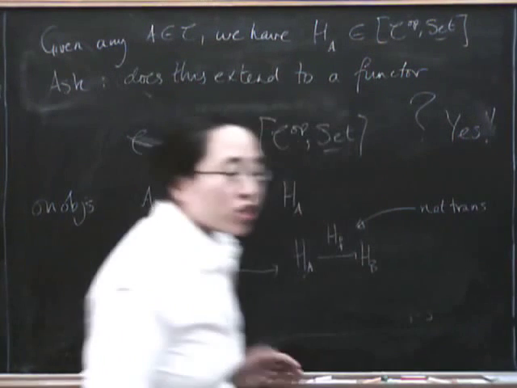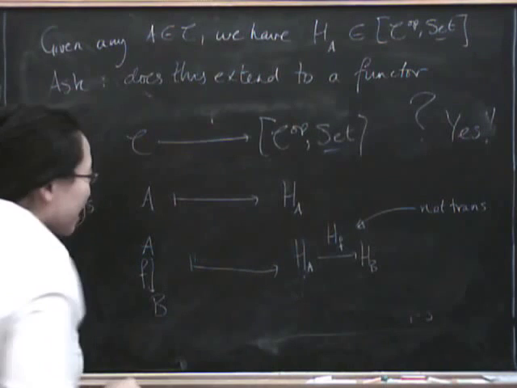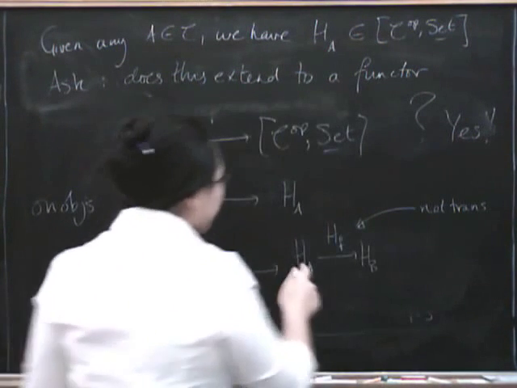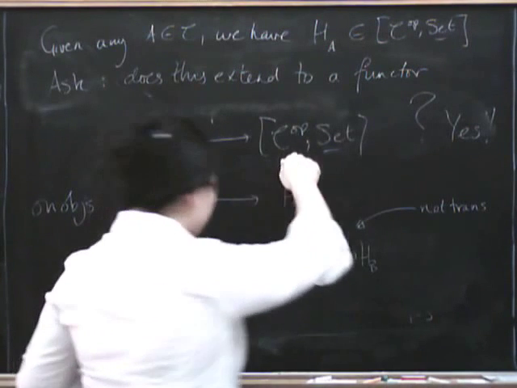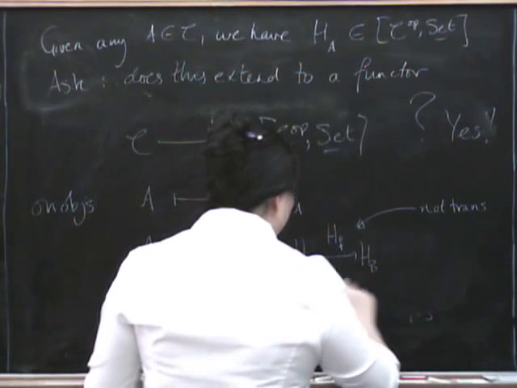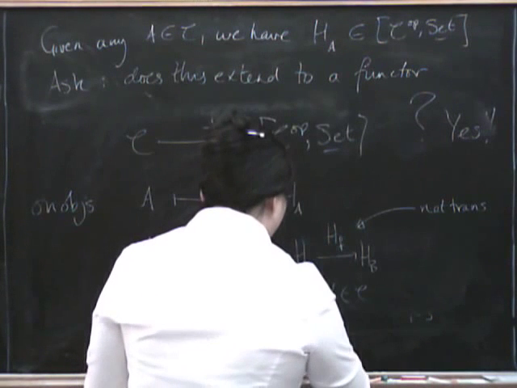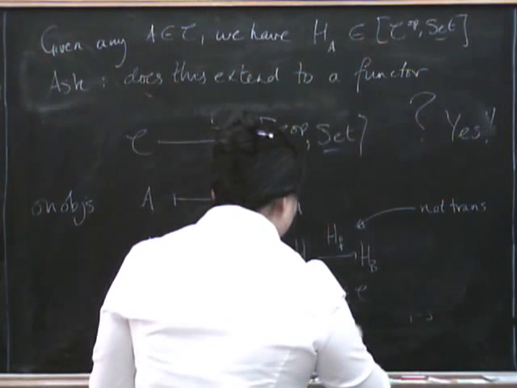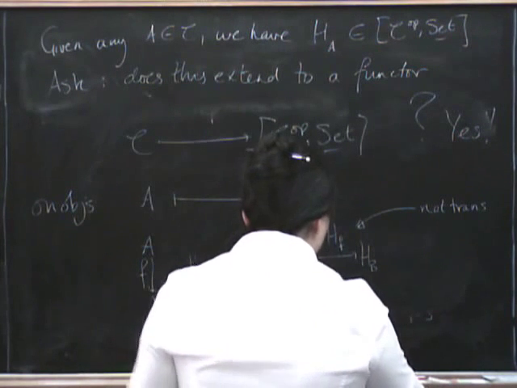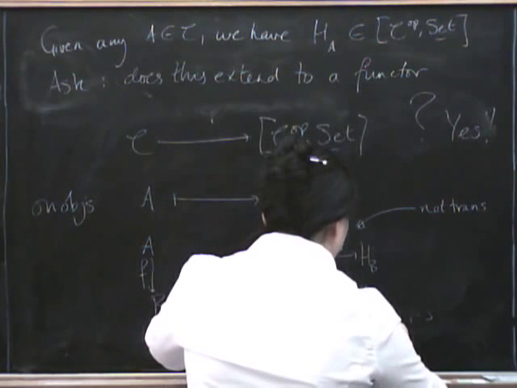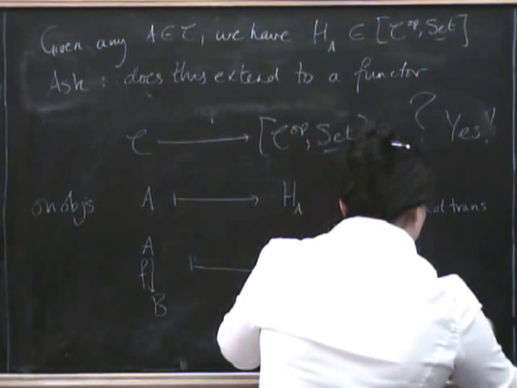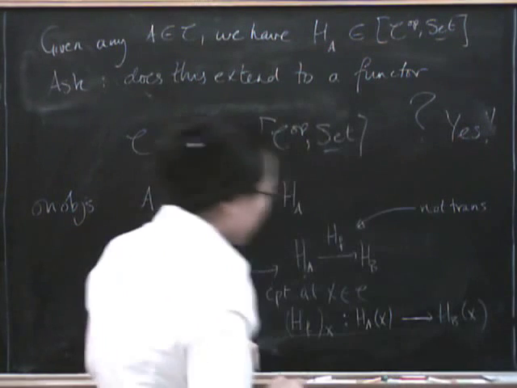a natural transformation. As a natural transformation, it has to have some components. So what are its components going to be? It needs a component at every object of C. So the component at X in C, H sub f has to have a component at X, which takes us from this functor applied to X to this functor applied to X. But what are those?